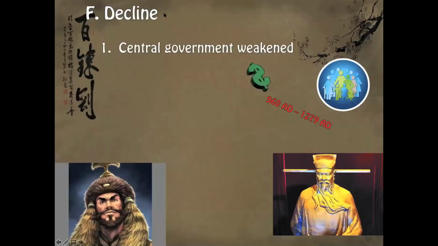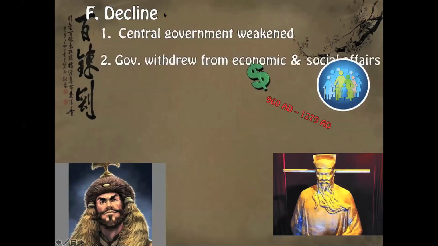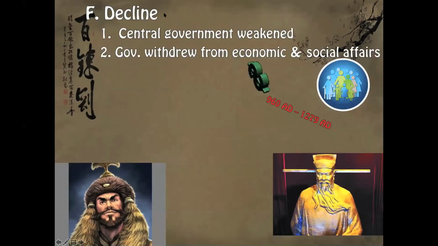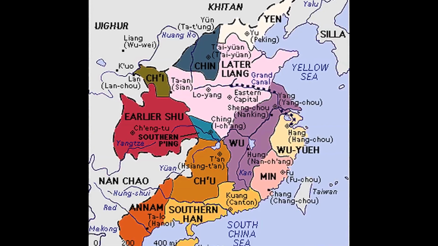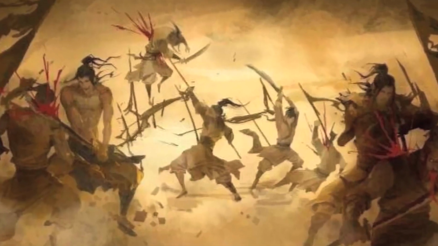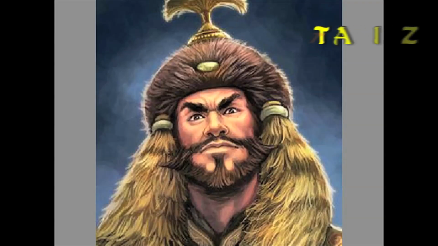But by the 10th century, the Tang rulers had withdrawn from the social and economic affairs of the public, and the central government weakened. China then entered a period of political upheaval called the Five Dynasties and Ten Kingdoms period. This leads us to a Chinese general named Taizu.